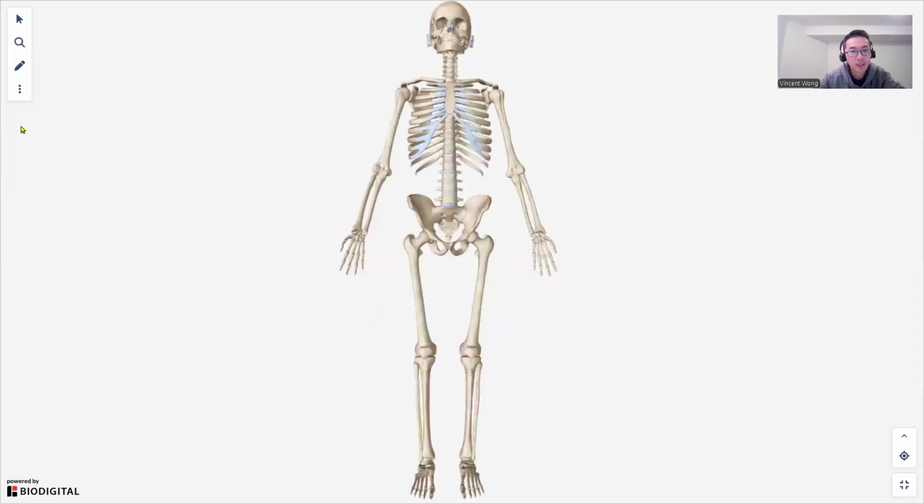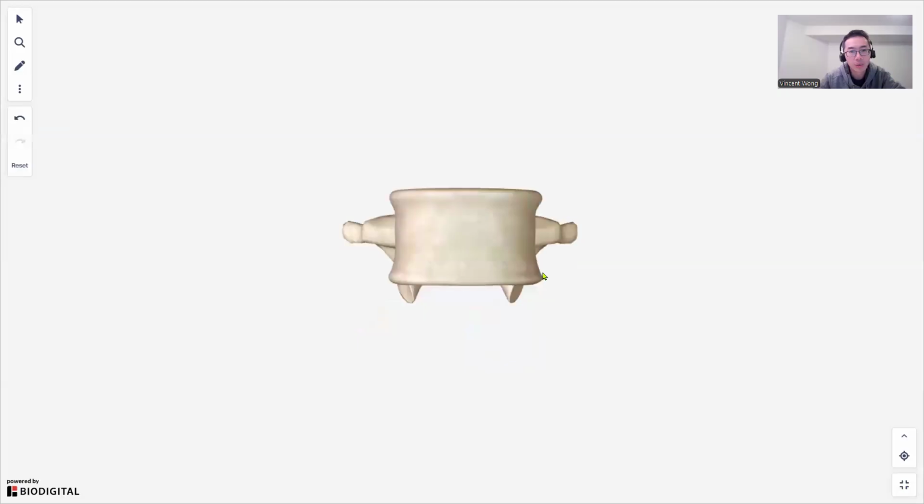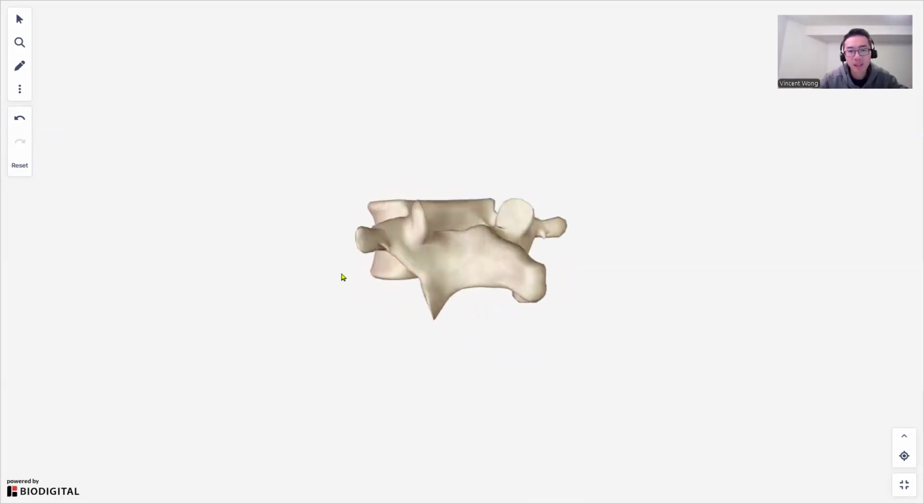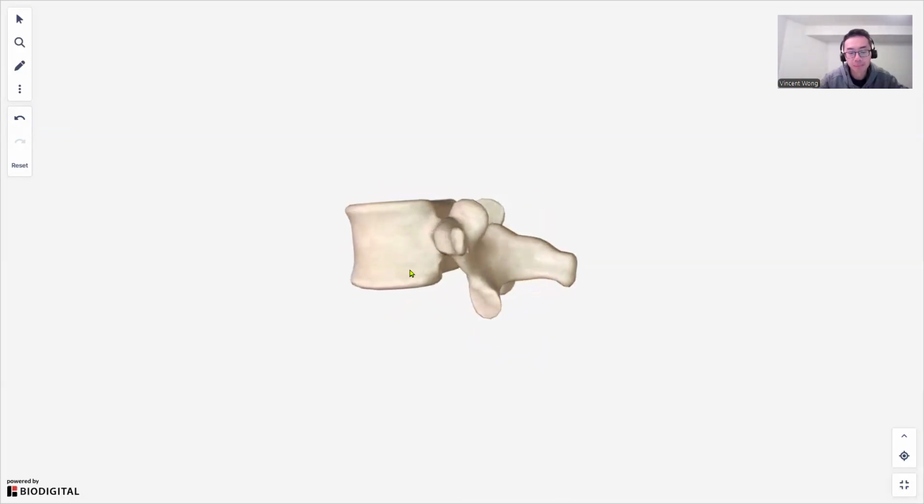If we take a look at a bigger one over here, a lower one, it's bigger in size. So as we move down the spinal cord, the size of the vertebra gets bigger, which makes sense because you've got to support all the weight that's on top of you. You need it to be big. But for the most part, they share similar features.